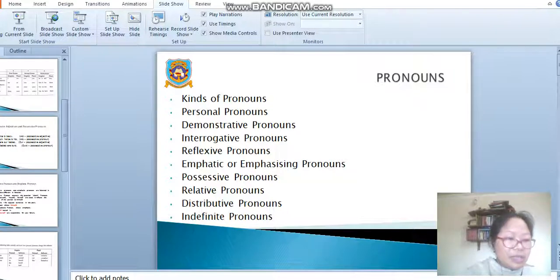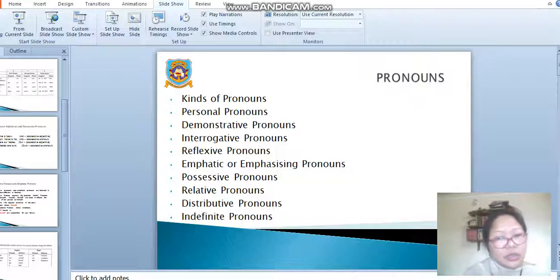And then demonstrative pronouns are used to point out the person or thing we talk about. Interrogative pronouns are used to ask questions.